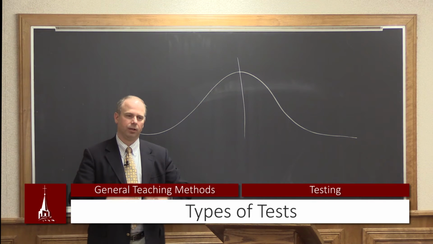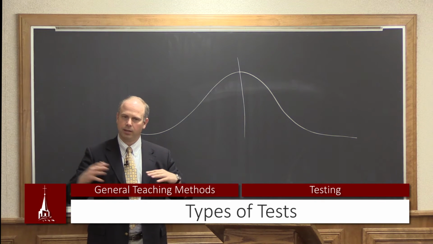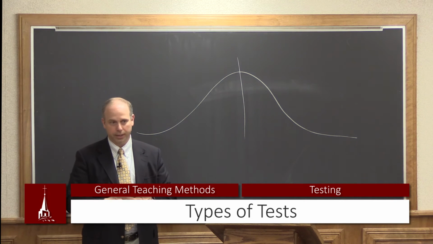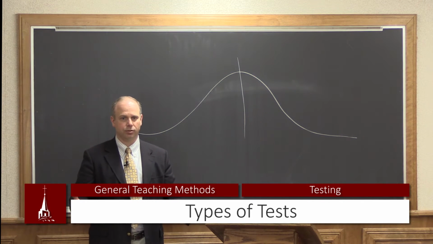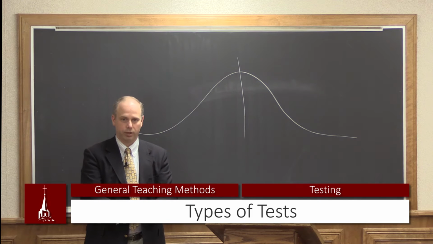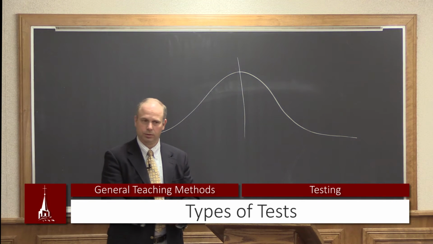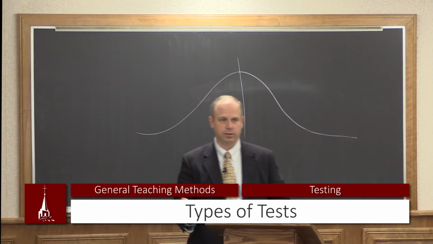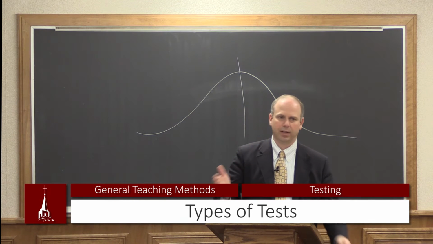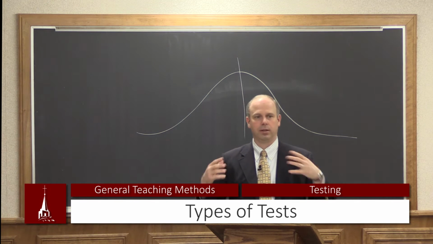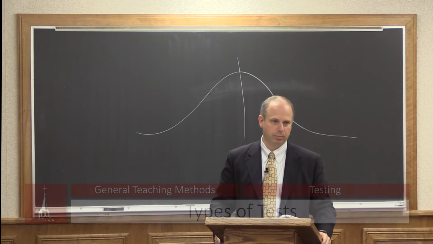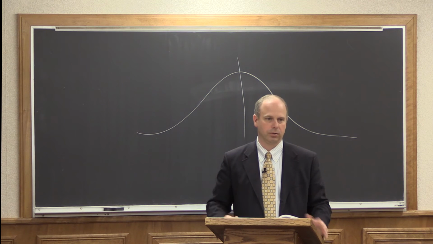That's the difference. With a norm reference test, the way the score is reported is telling you something related to something else. Not whether you got the question right or wrong, but the test report is reported a certain way.